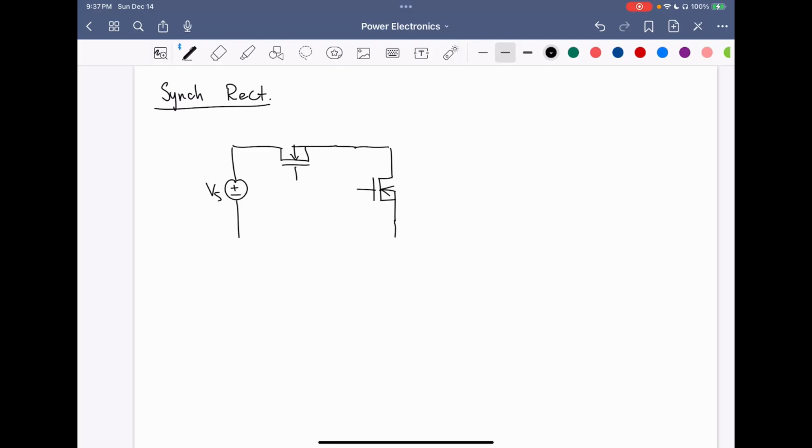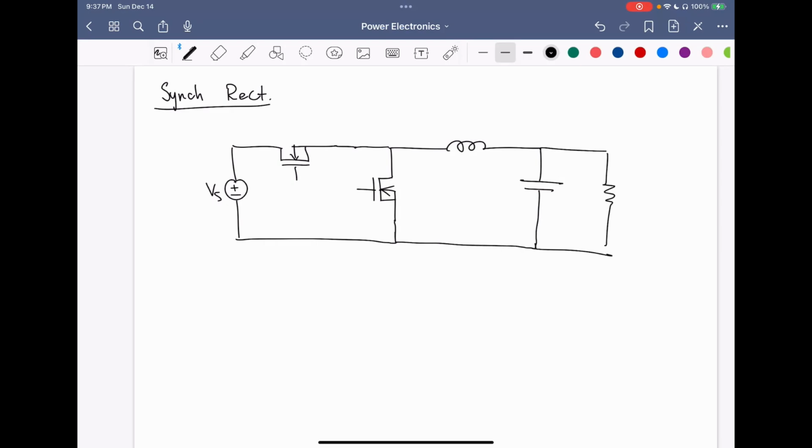And the advantage of this topology of using a second MOSFET instead of the diode is that we can get a much lower voltage drop across this MOSFET S2 compared to a Schottky diode.